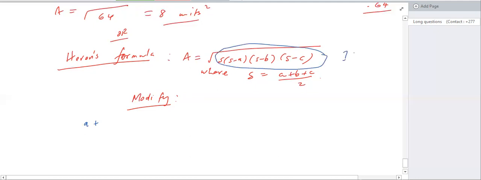So we have A plus B plus C over 2 times A plus B plus C over 2 minus 2A over 2.